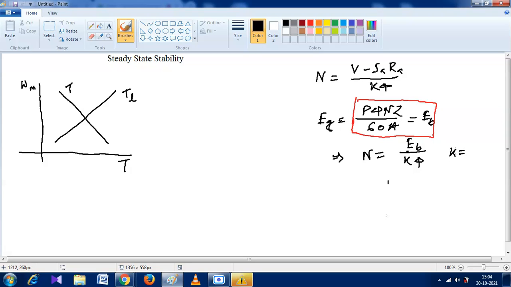The value of K is PZ by 60A, because when a machine is manufactured, the number of poles, total conductors and parallel paths between two brushes are constant.